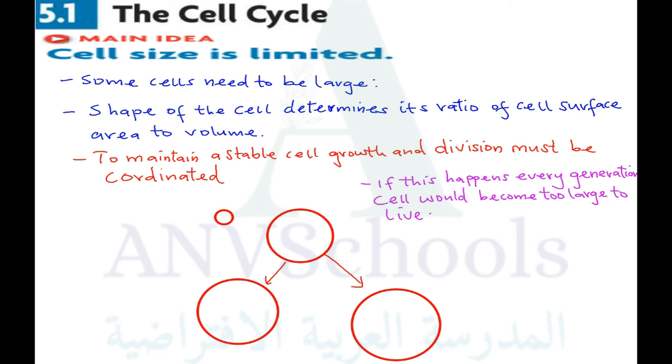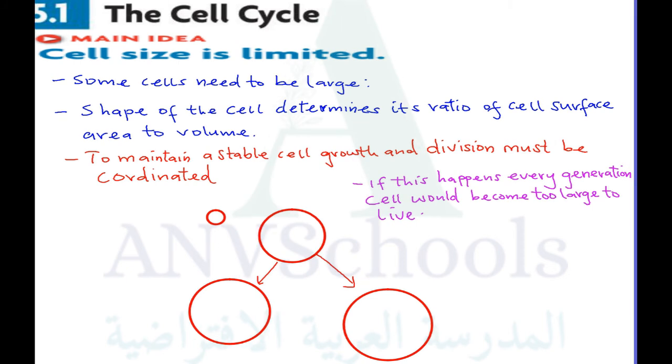Now let's take another picture here. Now this was the first picture. Now you have another picture where you are having a big cell, a small cell producing smaller cells. These ones also end up producing smaller cells, and their generation produces smaller cells.